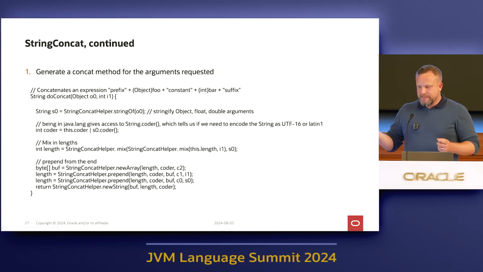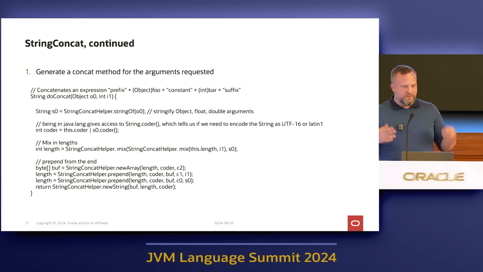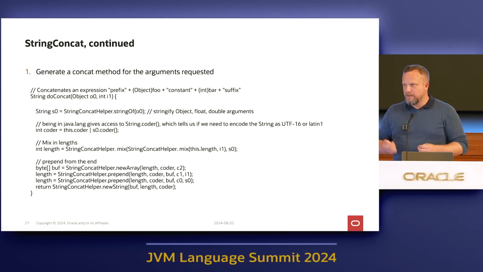So for this example, for a concatenation of any prefix with any foo object argument and a bar int argument, we would generate code that just calls into these string concat helper methods to do the stringification, calls into the coder method of the string to calculate the coder.